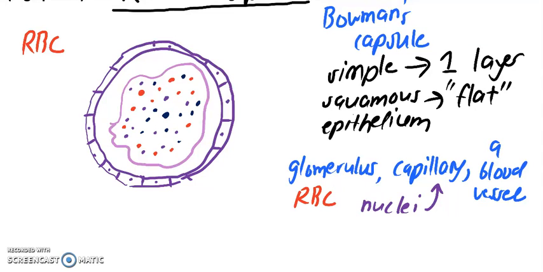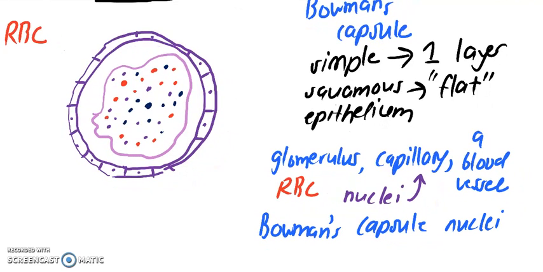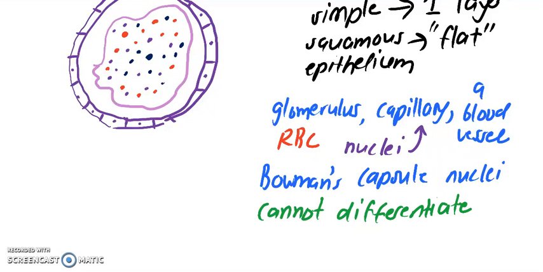When this cut was made, part of Bowman's capsule remained on the glomerulus. So be careful here. You'll have Bowman's capsule nuclei present. As for these two nuclei, it is extremely difficult to differentiate them.